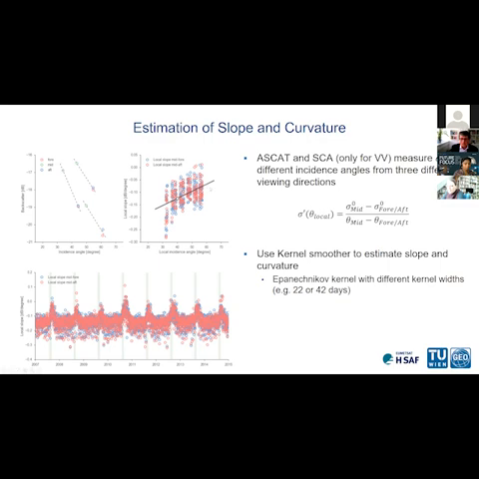We typically describe this behavior as a linear model. That means that if you go back to backscatter, it would be a model with a second dependency, a second order polynomial. The problem is that the measurements are not very far away from each other.